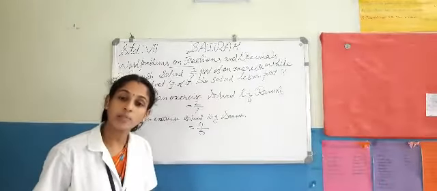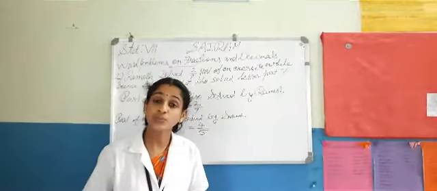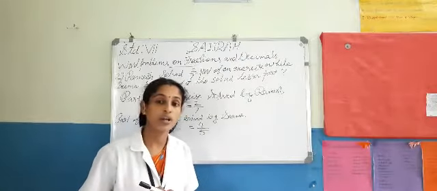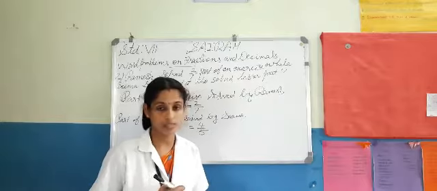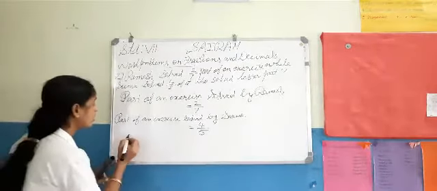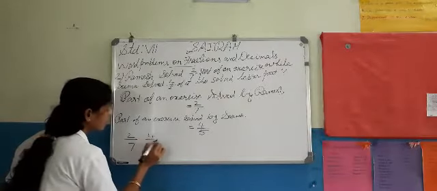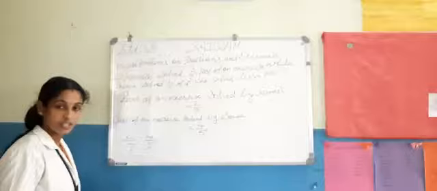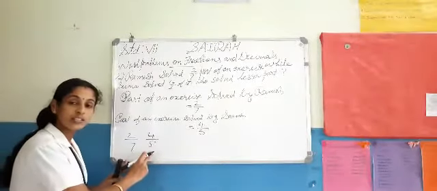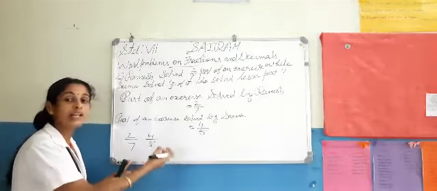Then how can we compare? Comparison also we have to do by the LCM method or by the cross product method. First of all we check the LCM method. We want to compare 2 by 7 and 4 by 5. The given fractions are unlike, so we have to make them like.